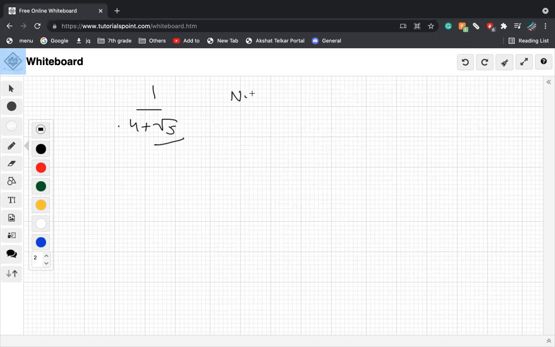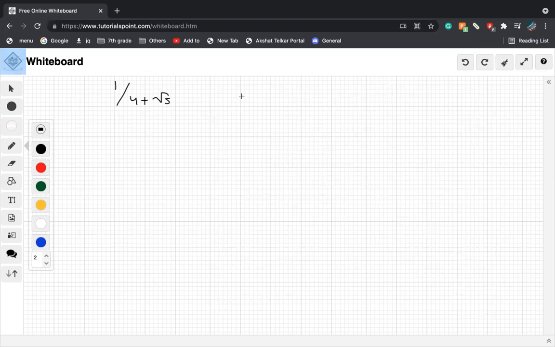The numerator is on top, and the denominator is on the bottom, right? So let's clear that. Given the expression, you want to simplify it so that the square root is not on the denominator.